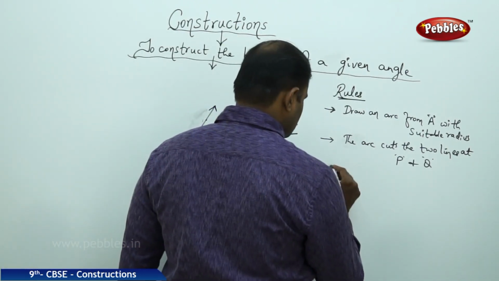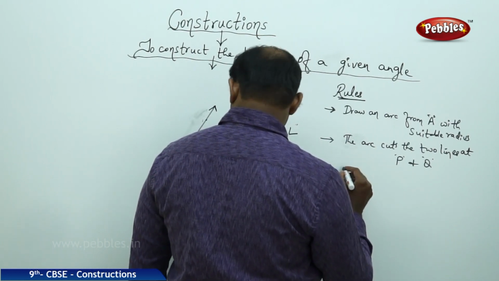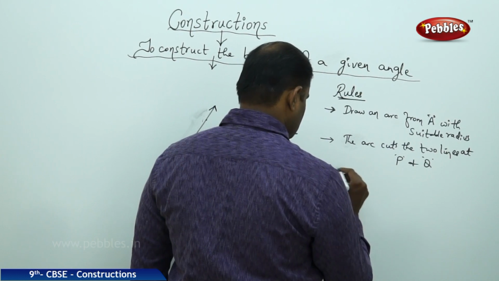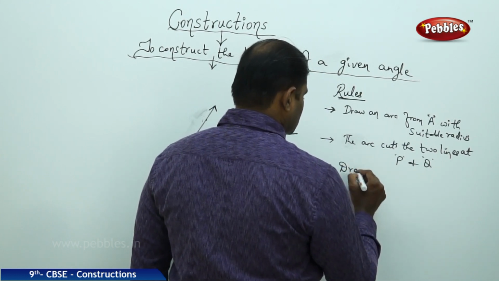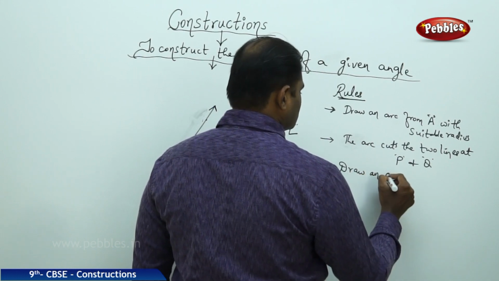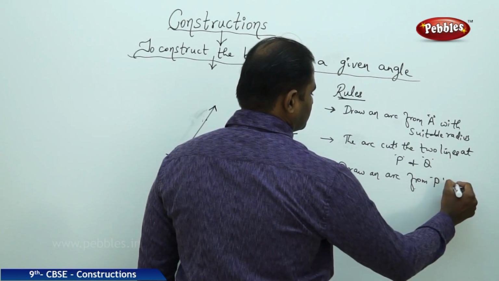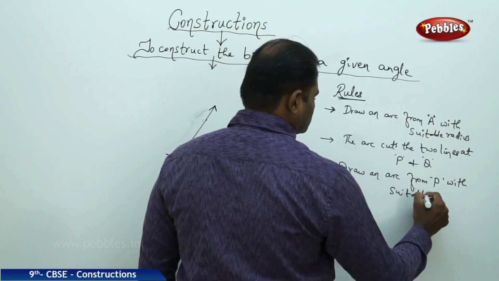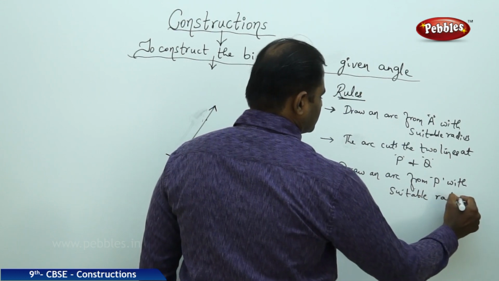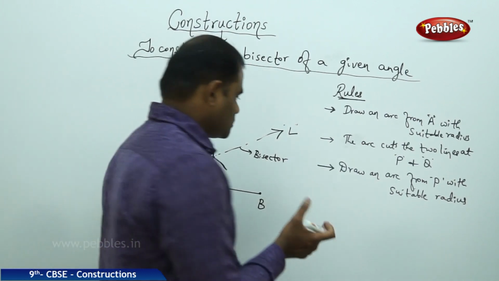Thirdly, draw an arc from point P with suitable radius. It can be any radius convenient to draw.